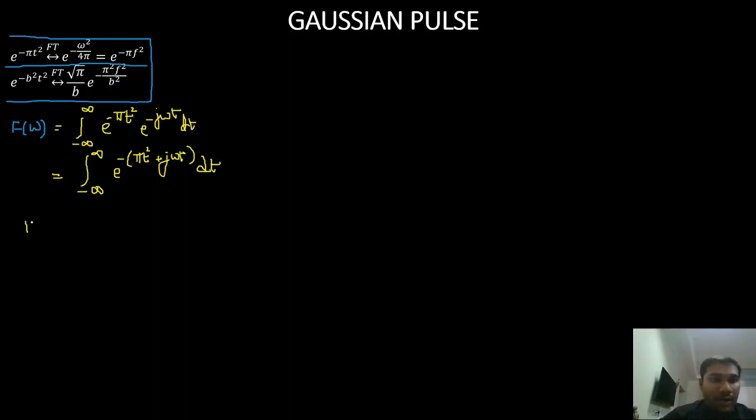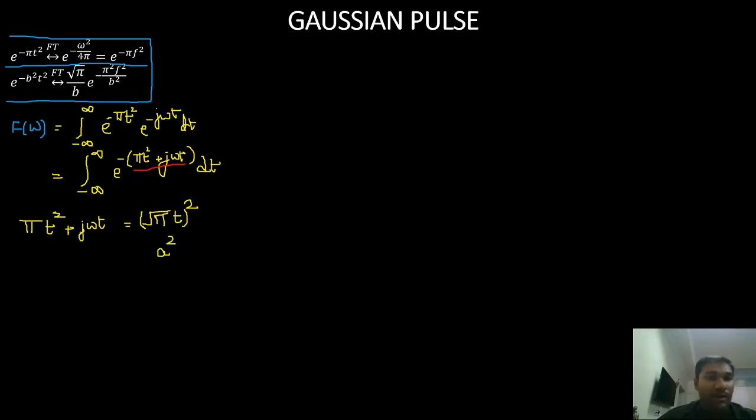Now I'll take this part here and try to represent it in a different form: pi t square plus j omega t. I can write pi t square as root pi t whole square, which is in the form of a square.